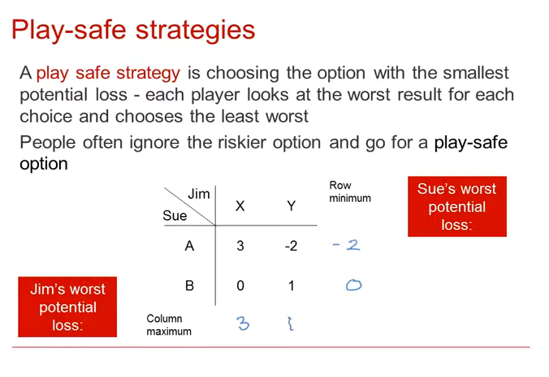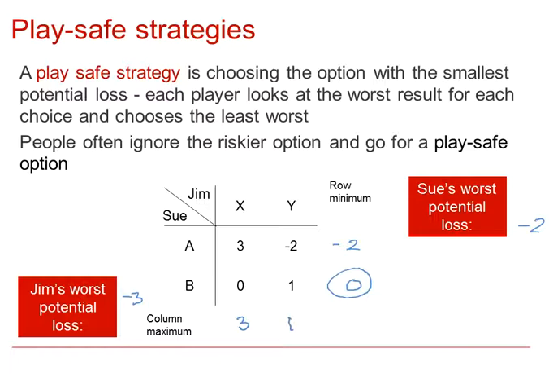So then, trying to identify Sue's worst potential loss, that would be -2. So if we look for the maximum of a row minimum, or the row maximin, that would be 0, strategy B for Sue. If we look at Jim's worst potential loss, that would be to lose 3.